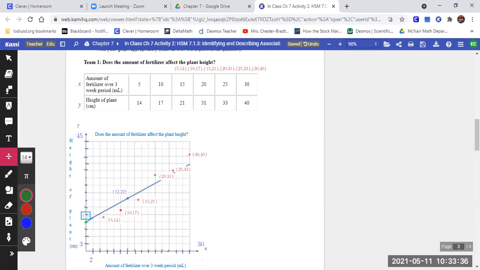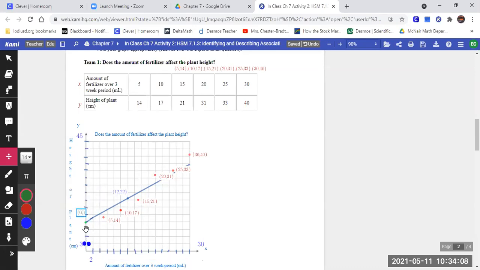How tall would the plant be when we start? All our start values have a value for X of what? Same as it's always been. The start value's X is 0. So 0, comma. How much fertilizer are we starting with? 0 fertilizer.